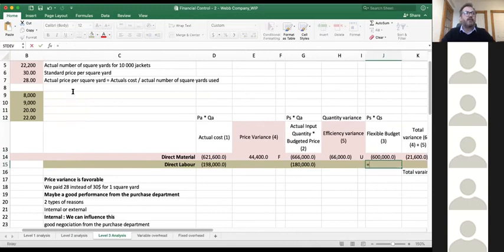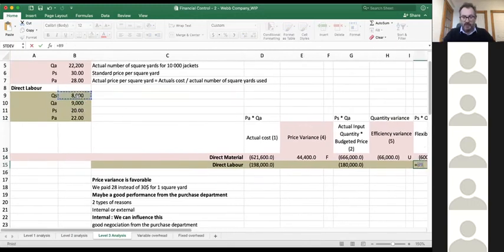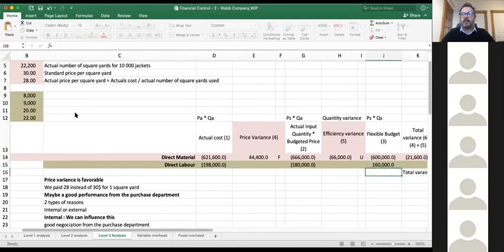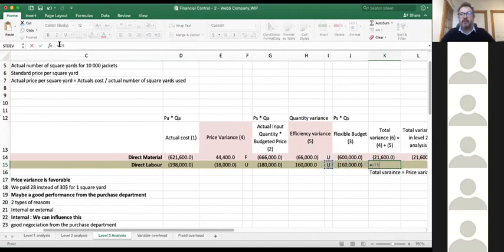And for the flexible budget it is QS times PS, okay? And so now we can calculate the variances. Okay, and so that's unfavorable. That's unfavorable because we have more actual cost than what was expected, and we have more intermediary costs than the flexible budget. Okay, variances are on the whole.